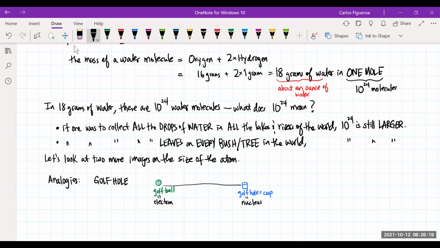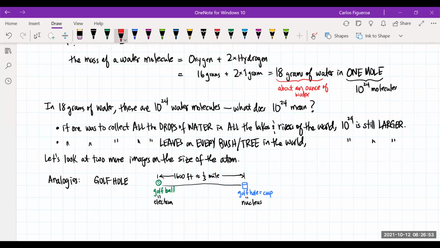So the distance is about 1,600 feet, about a third of a mile, and the golf ball is pretty far away from the golf hole. That's one comparison we could think about in terms of what the atom is.